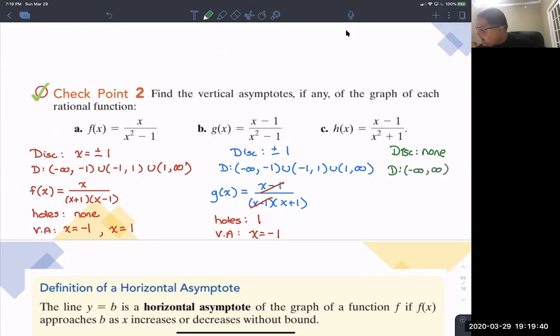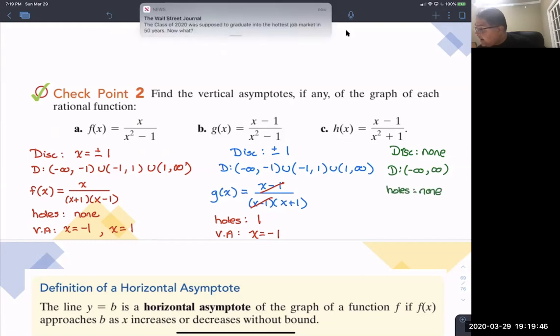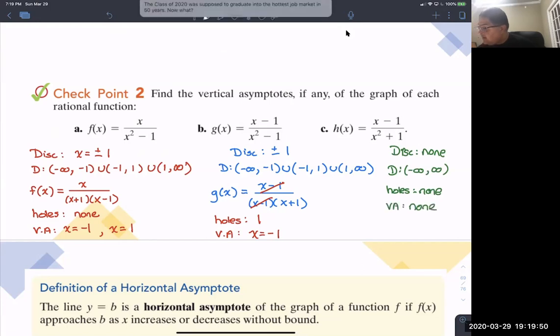And that means since I have no discontinuities, I have no holes, and I have no vertical asymptotes. So, question. Why don't I have any discontinuities? And if you said x squared plus 1 can't be factored, that's why.